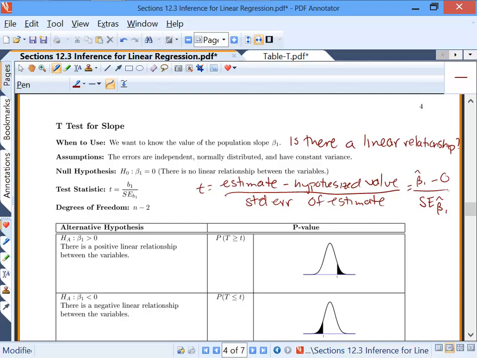Notice, because we're just minusing 0, we can simplify it to this equation, which again I used the notation from another class. I'll have to go fix that. But it's beta 1 hat over the standard error of beta 1 hat. Also notice here that we still have n minus 2 degrees of freedom.